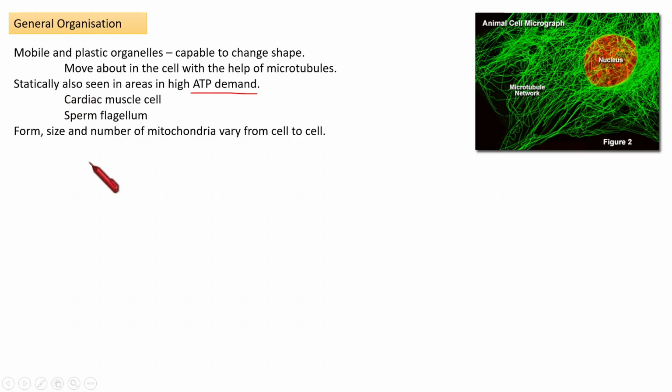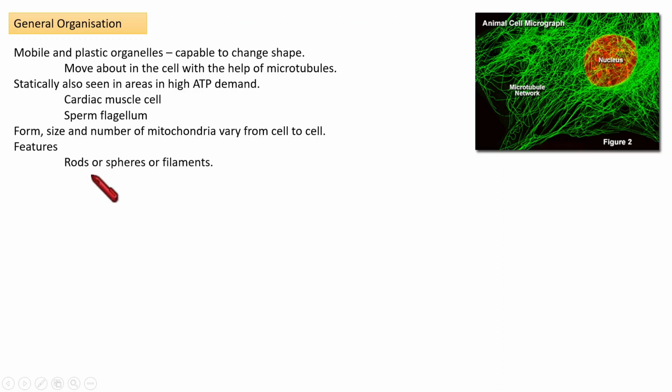And if we take a cell, the form, size and number of the mitochondria will vary from one cell to another. That number, form and size is not the same if we check different cell types.